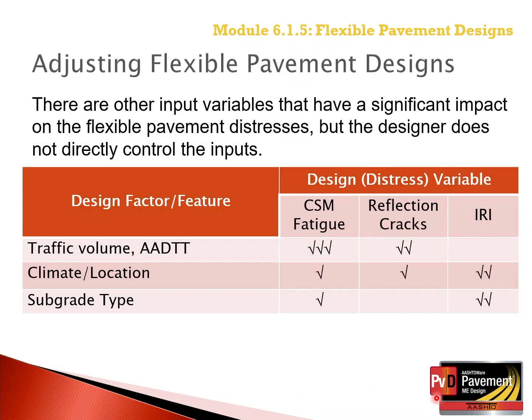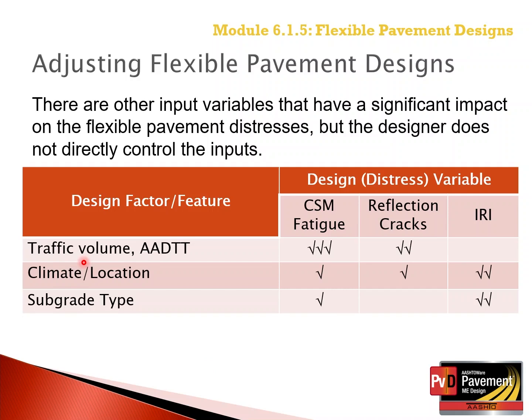Similar to reflection cracking and rigid pavements, there are other input variables that have a significant impact on the semi-rigid and flexible pavement distresses, but the designer does not directly control the inputs. That's like traffic volume, average annual daily truck traffic, climate or its location, and then the subgrade type.